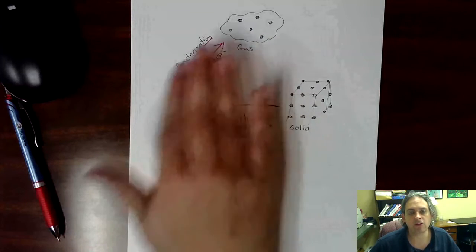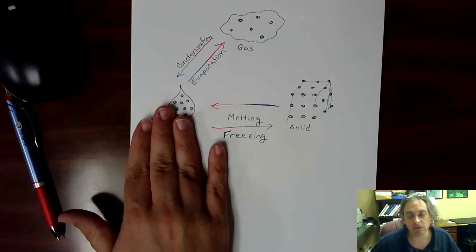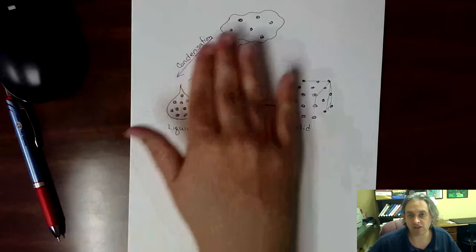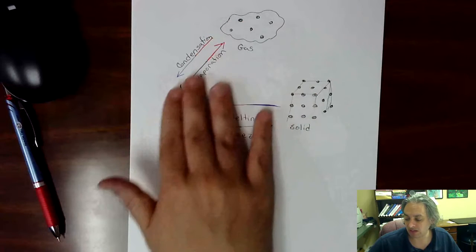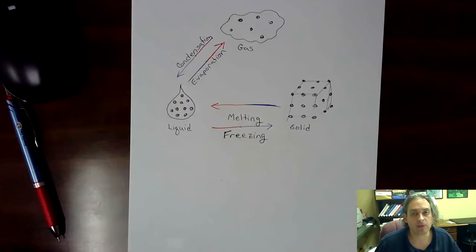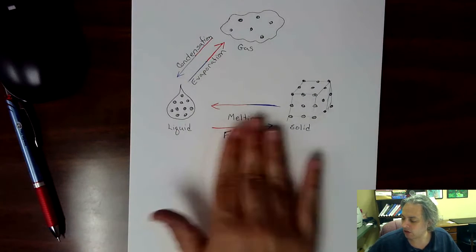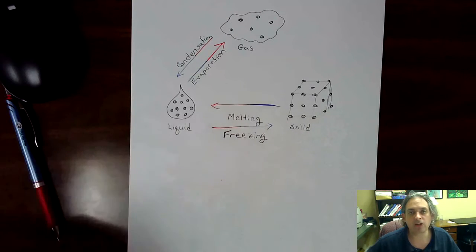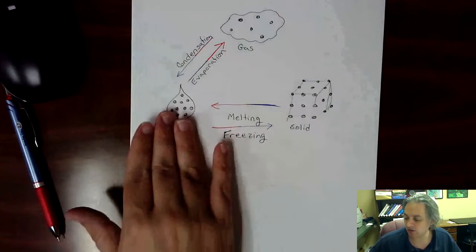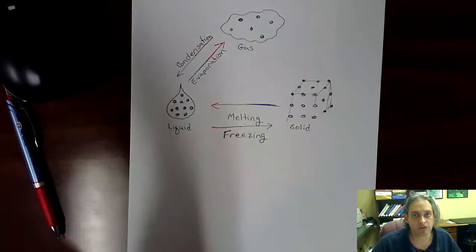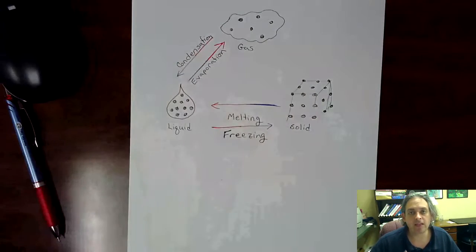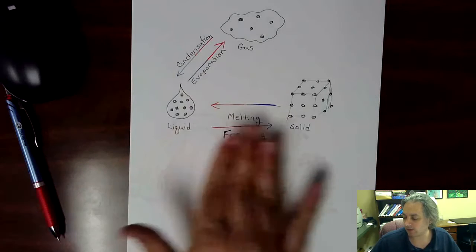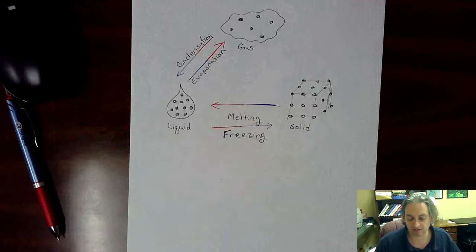The gas molecules will end up having more energy than the liquid molecules, or vice versa, the gas molecules will lose their energy to go to the liquid phase. So going from a solid to a liquid, we are gaining energy. Going from a liquid to a gas requires energy. Going from a gas to a liquid gives off energy. Liquid to a solid also gives off energy.